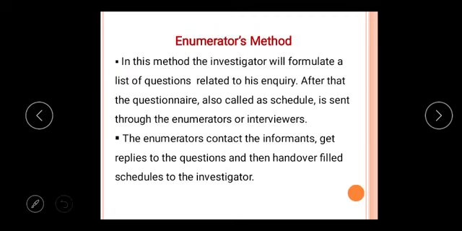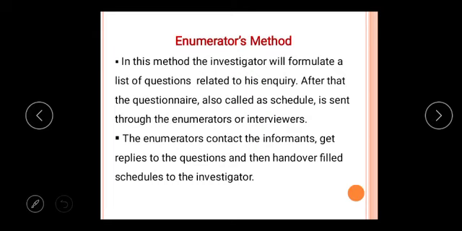Now, dear students, coming to another important way of collecting primary data on the basis of questionnaire, that is the enumerators method. In this method, the investigator will formulate a list of questions related to his inquiry.